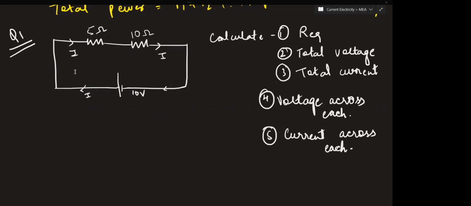Series combination, you have to add directly R1 plus R2. Yes, that's correct. Calculate rest of the parts also. Total voltage, total current, voltage across each and current across each.